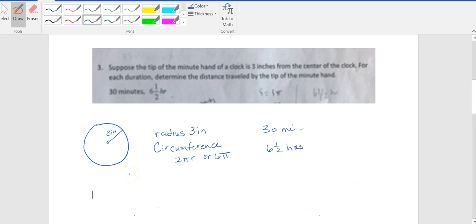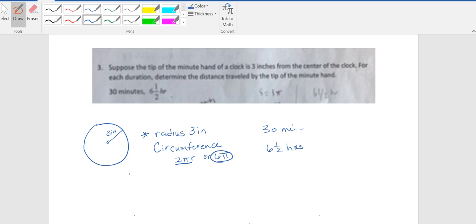Okay, on the next question, the idea is that the radius is 3 inches, since it says that the minute hand is 3 inches from the center. So the radius is 3 and the circumference is 2 pi r, which makes the circumference 6 pi.